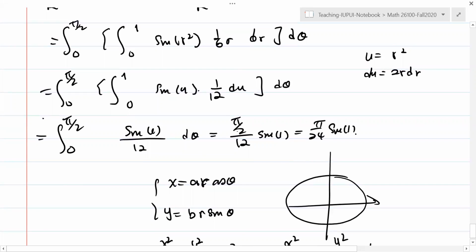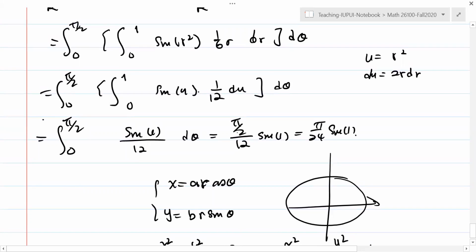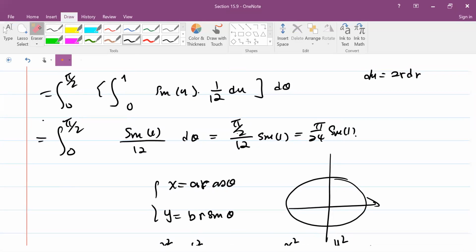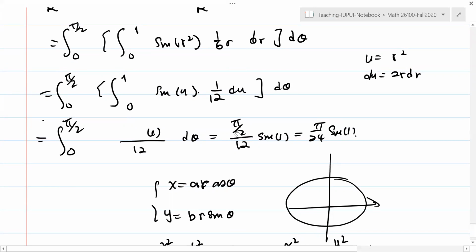Yeah, the antiderivative of sine here is negative cosine. That's another place I need to change. So the antiderivative of sine is negative cosine u, right?